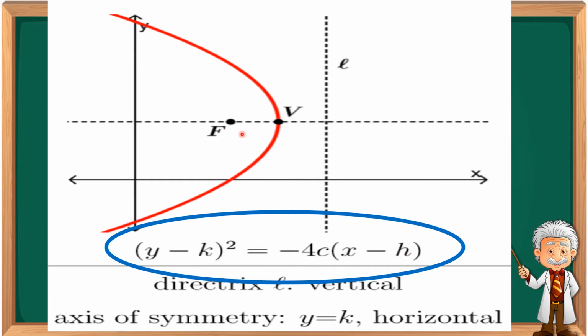Our origin is over here, and our vertex is over here. So the parabola is facing to the left. Ito yung focus, and ito yung ating directrix. This is our axis of symmetry. The directrix is vertical, and the axis of symmetry is horizontal.